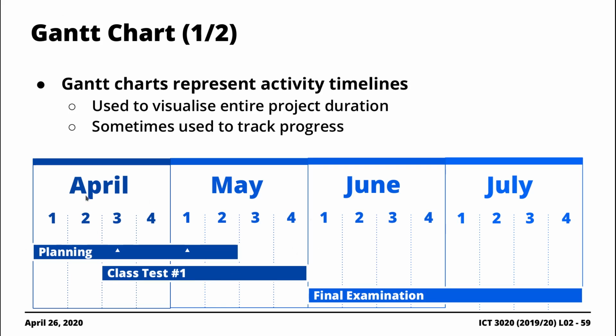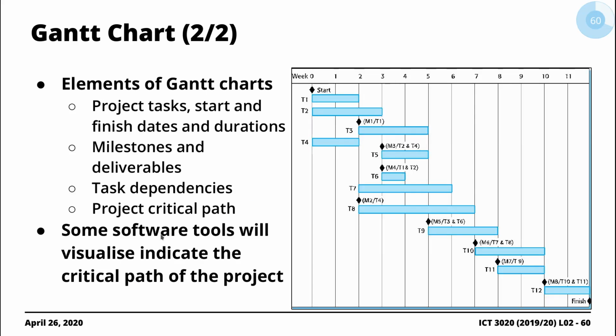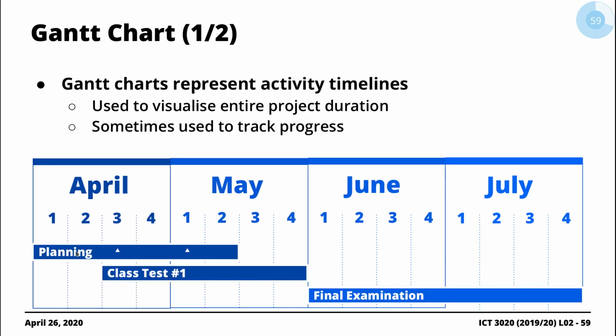So in this example, you'd have different months here, months broken down into weeks, right? So a year is broken down into months, months into weeks, and then you visualize the different tasks associated with the timeline.